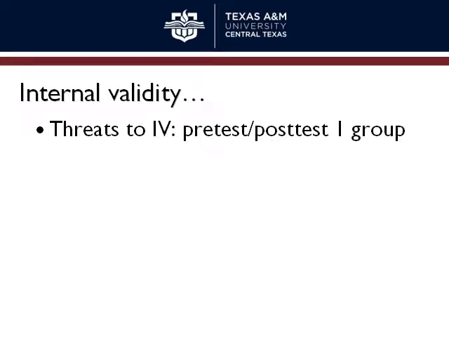Okay, continuing with internal validity, you can deal with some of the stuff for post-test only designs, right? Because I said before, well, you use random assignment and you just hope they're equivalent. Well, if you don't want to do that, you don't just want to hope, you can go a step further and use pre-test post-test with a single group, right?